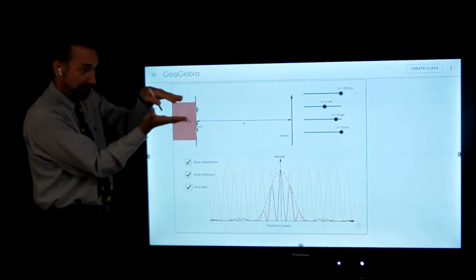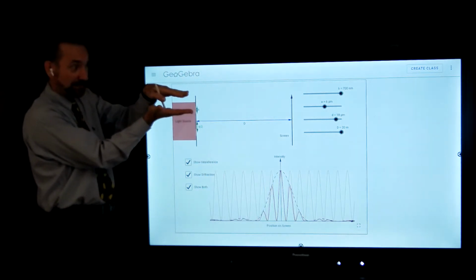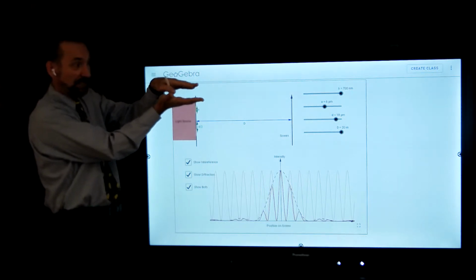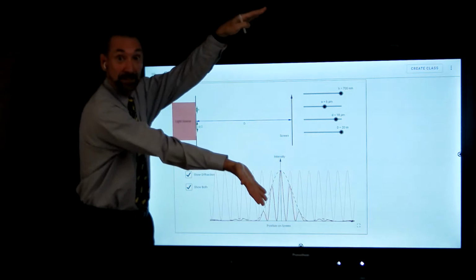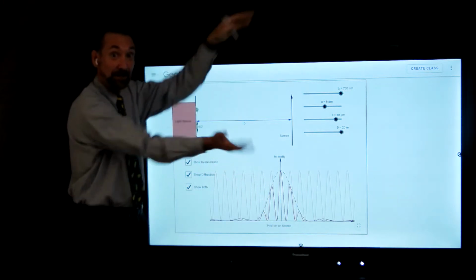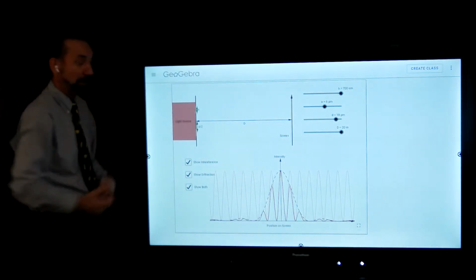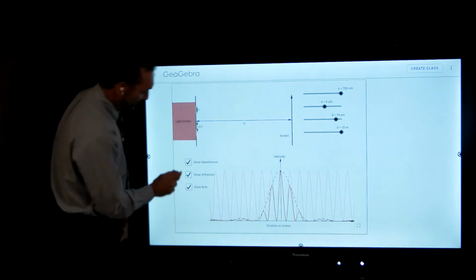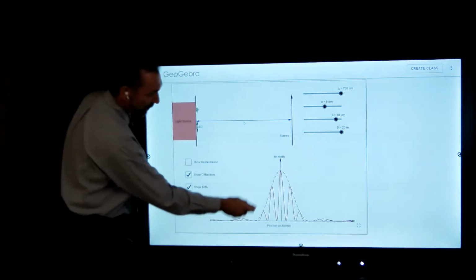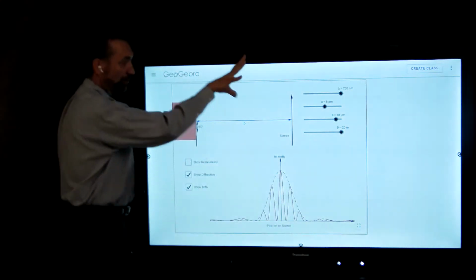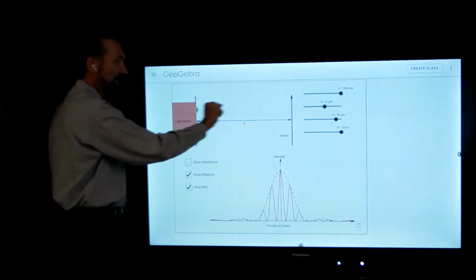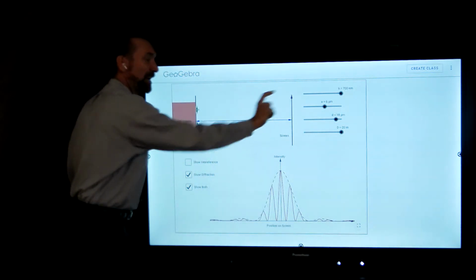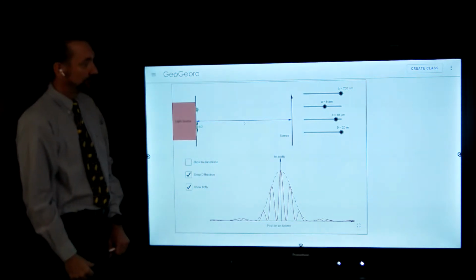We're confining space in this direction, so we get a spread of momenta in that same direction. We're less clear about our momentum because we're more clear about our position. That leads to diffraction: rather than seeing an exact spot the size of our slit, it's a spread out slit.